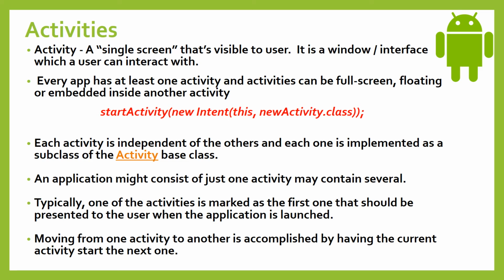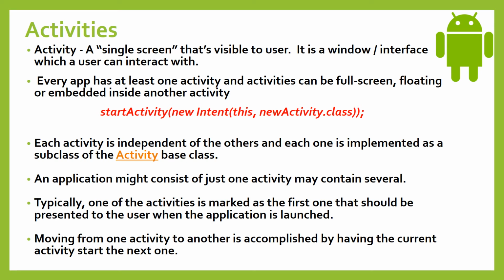So every activity is independent of the others, and all these activities are only subclasses. So they have a base class. And what is the base class? Activity with a capital A is the base class. As I've already told you, an application may contain only one activity, or it can contain any number of activities.